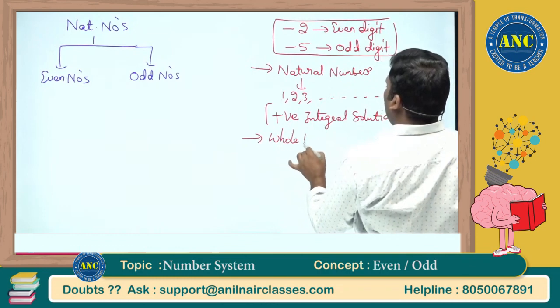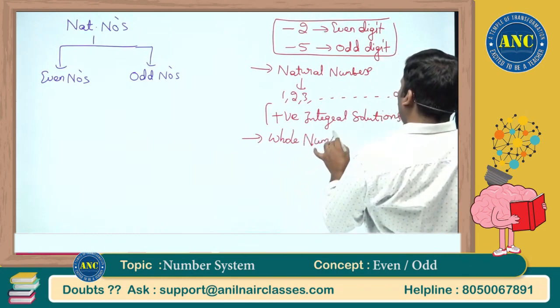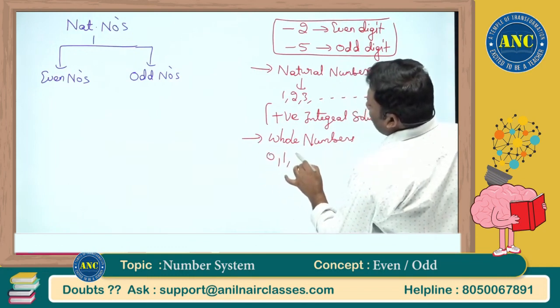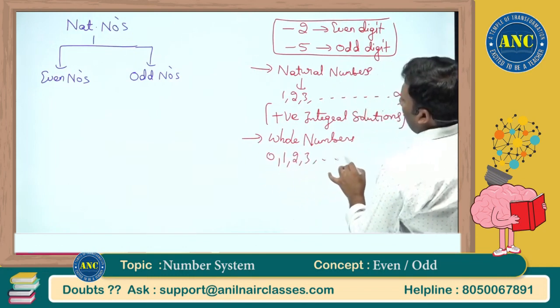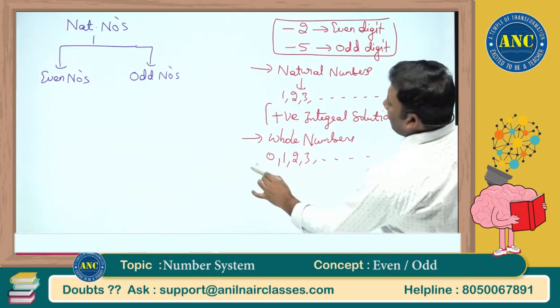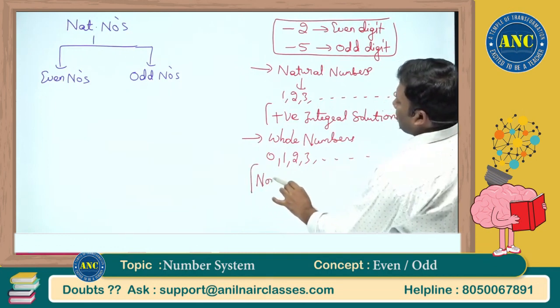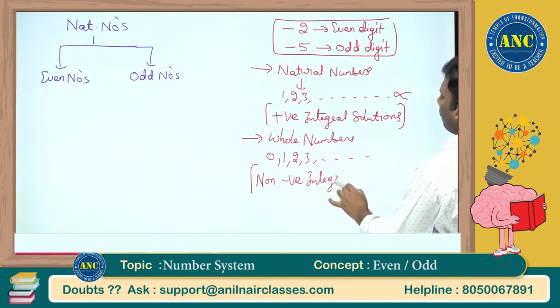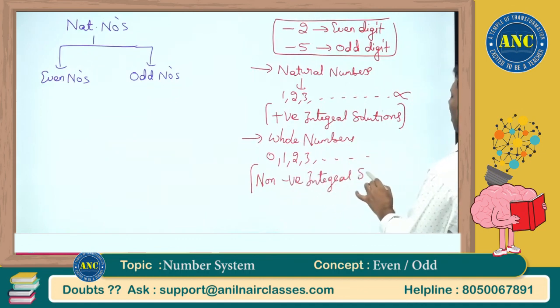Next is whole numbers. Whole numbers are 0 and positive, which I'll call other than negative. It is 0 and positive, which we call non-negative integral solutions.